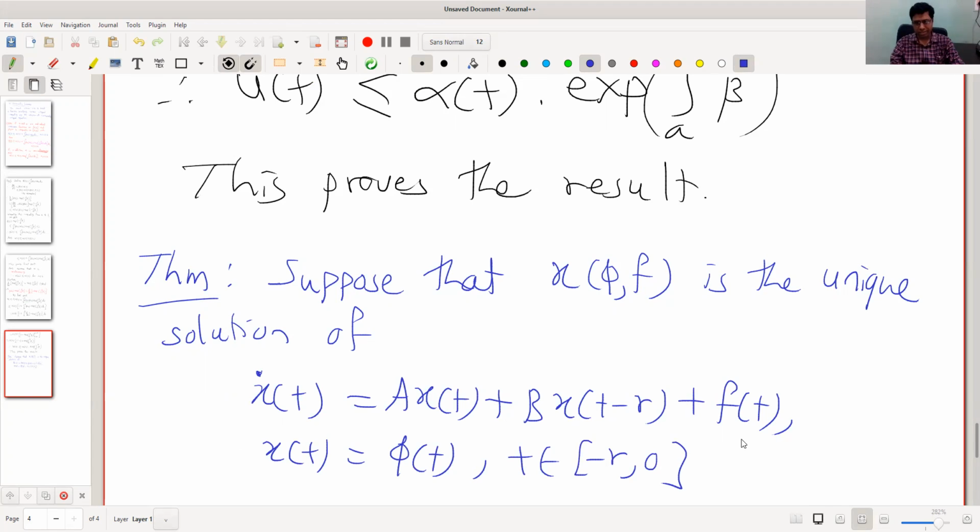This is the solution obtained as in the existence uniqueness theorem in our last lecture, using the method of steps.